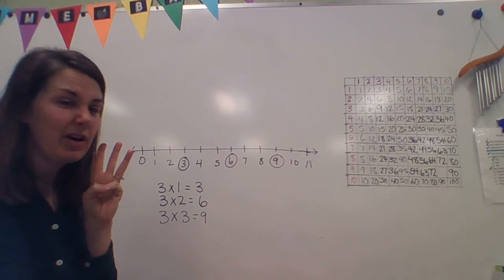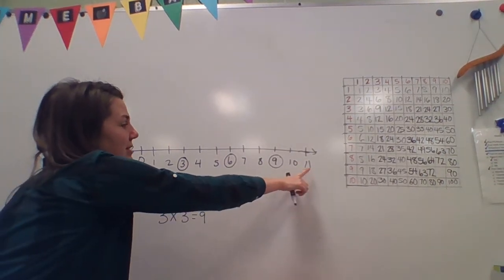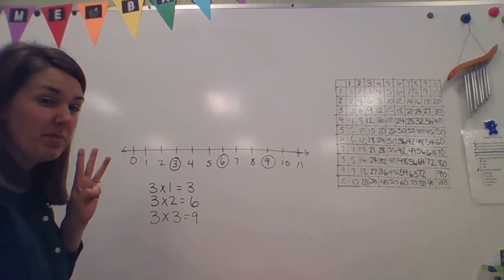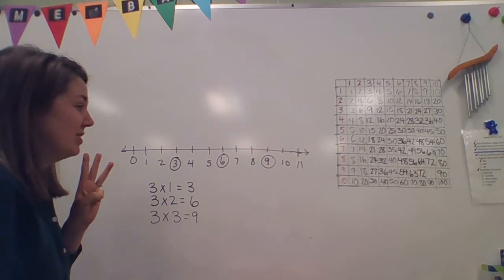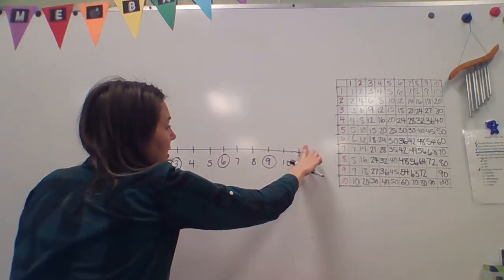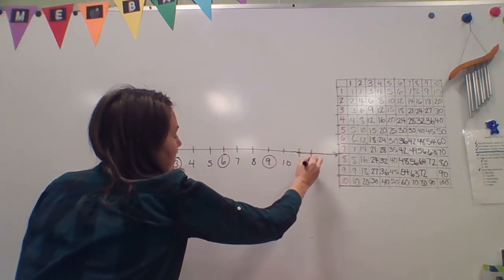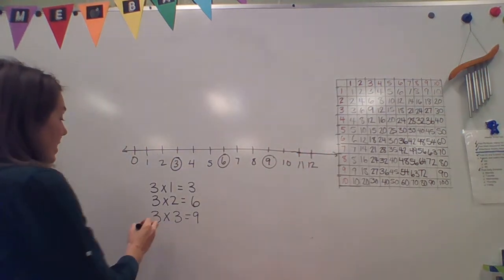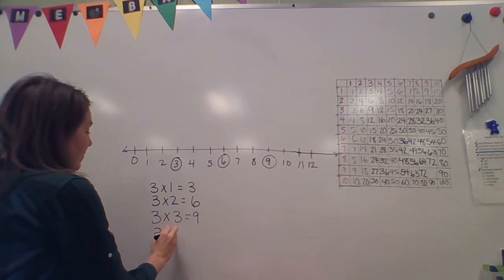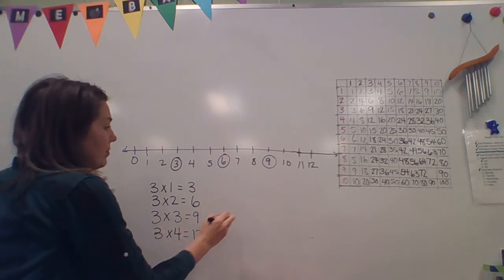Yeah, I'm going to run out of room because I need to count by 3s, and I only have 2 more numbers. So I'm going to have to go ahead and extend my number line so that now I can have 3 times 4 equals 12.